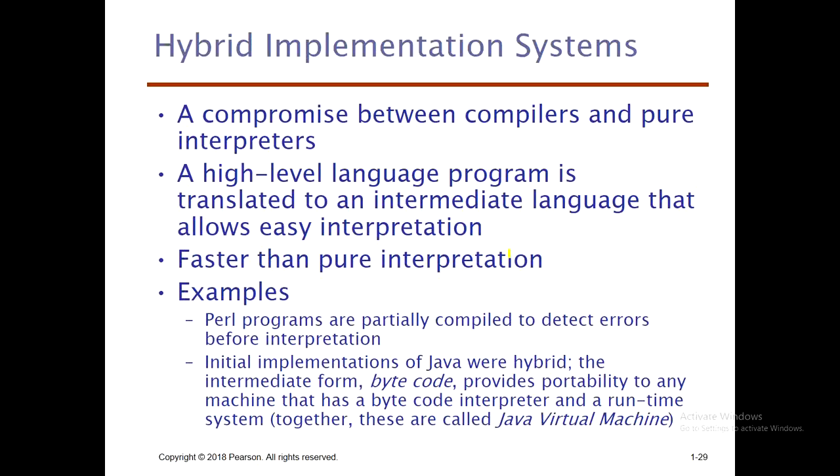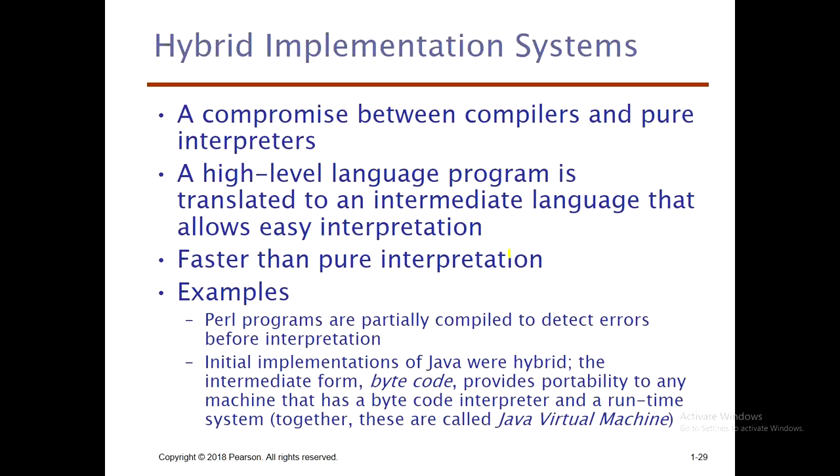First it is translated into an intermediate language so that it can be easily interpreted. It is actually faster than interpretation, but slower than pure compilation. So it is something between them.